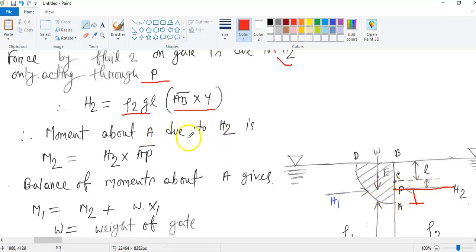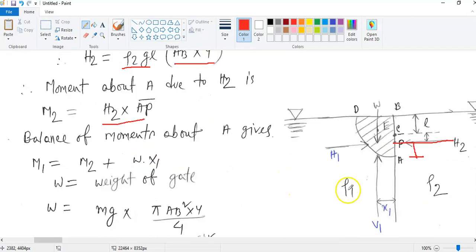So the moment about A due to H2, the horizontal force from the second fluid, is M2 equals H2 times AP. But if it is the static equilibrium condition, guys, the question, if you can remember, says it is in static equilibrium. So the moment due to the first fluid and the moment due to the second fluid will be equal.